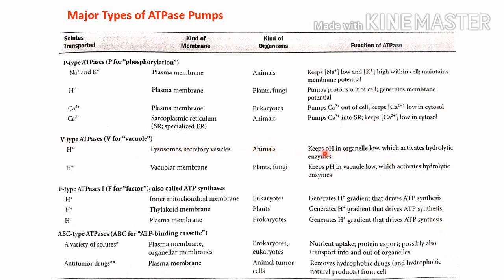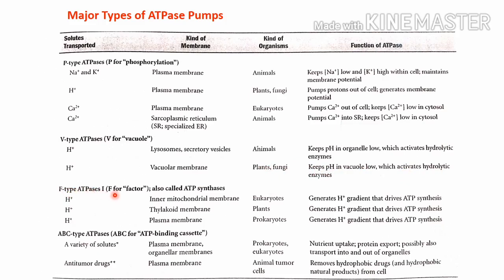So it keeps the pH in the organelle low, which activates hydrolytic enzymes. Similarly, the hydrogen ion gradient is maintained by the V type ATPase in the vacuolar membrane of plants and fungi, and it keeps the pH in the vacuole low, which activates the hydrolytic enzymes.